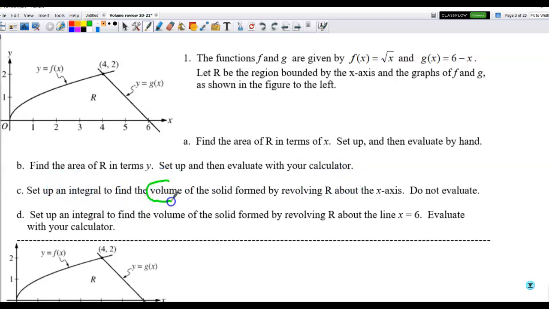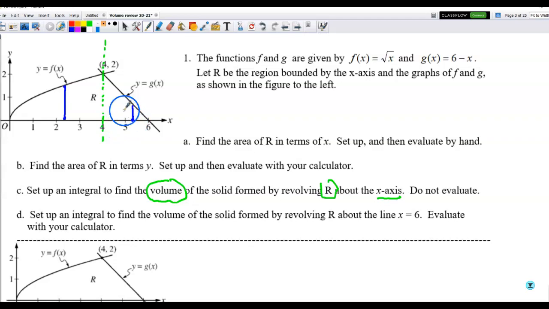So now we're moving to volume of the solid formed by revolving region R around the x-axis. Now remember, we're still going to have that split where, when we revolve around the x-axis, the radius from the axis of revolution to the curve in this region is going to be top minus bottom.